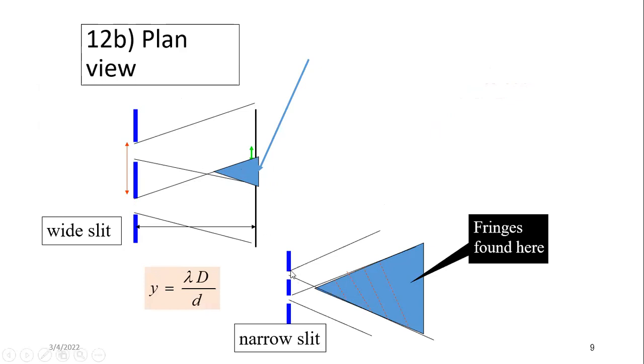And if this is a narrow slit, this one will diverge more, so the region of interference is greater. So you see more bright and dark fringes here.